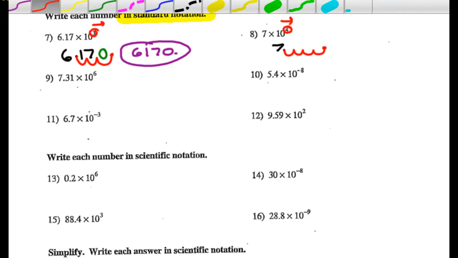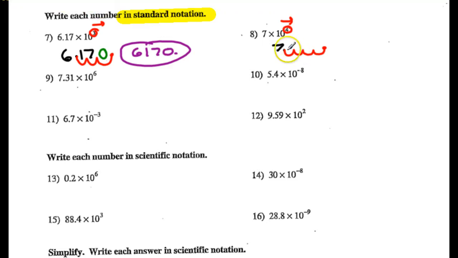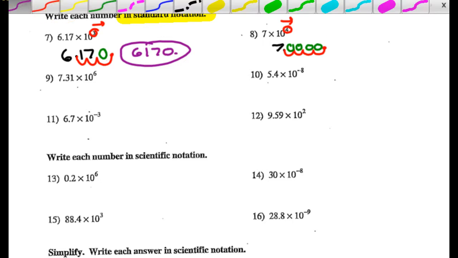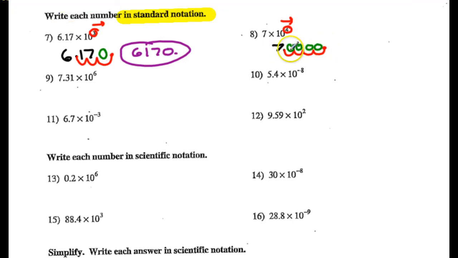The decimal landed here. Now I need to go fill in my empty jumps. There's 1, 2, 3, 4 empty jumps. Now let's give our final answer. The decimal is now gone and it's here. And I can put that there. That's the final answer. Okay?